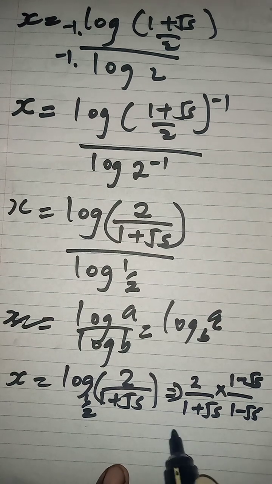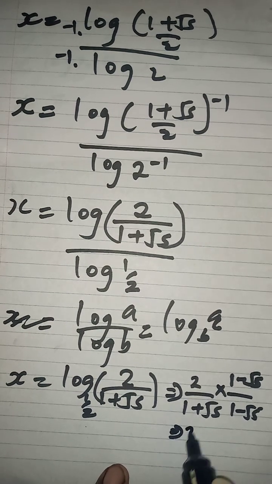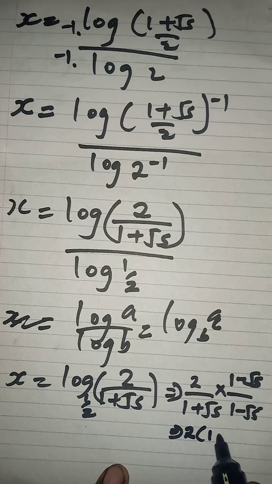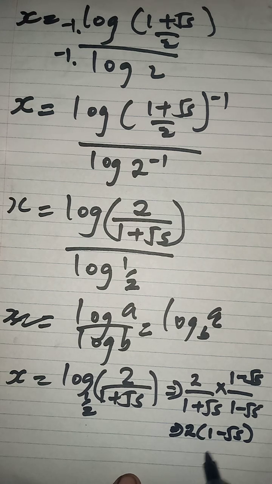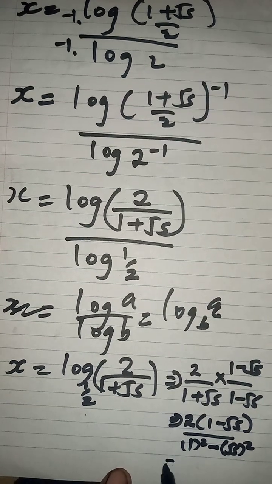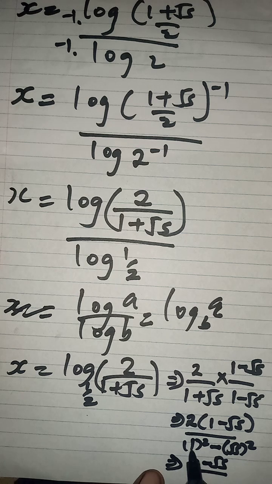So that means I'm going to get 2 into 1 minus root 5 all over, I just square 1 and then square root 5, squared like that. I shall get 2 minus root 5 over, so this is 1 minus 5, of course that is minus 4.